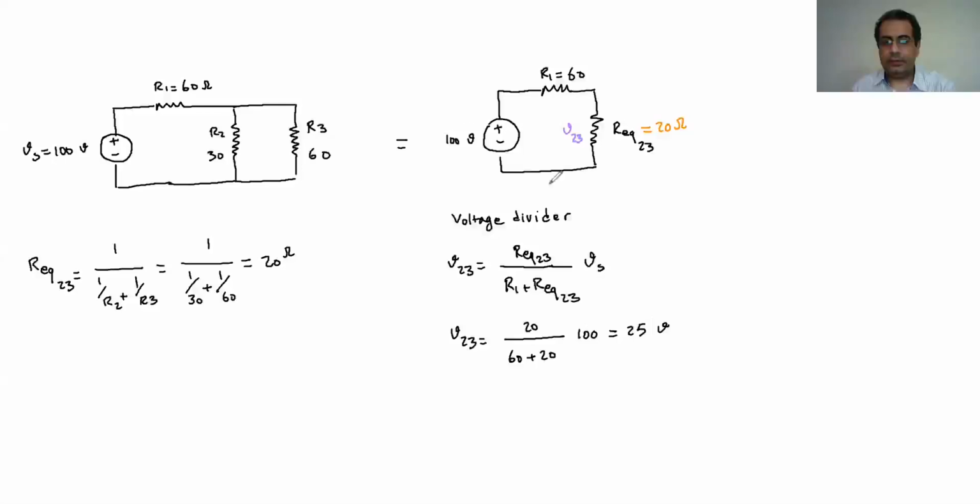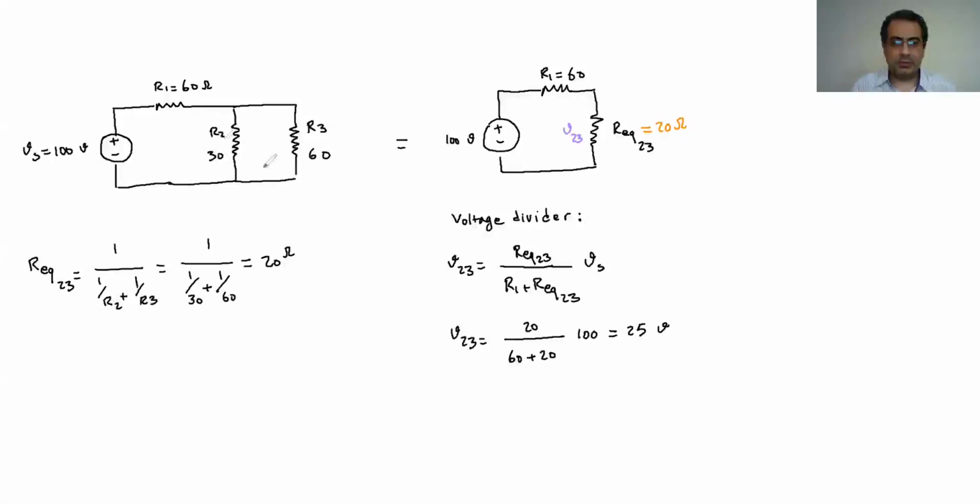So if you look at it, I don't need to calculate the I. I can directly go and find this voltage here for my calculation. And now look at here, these two are parallel. This is equivalent to the parallel because they are parallel.